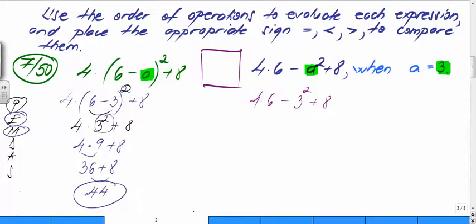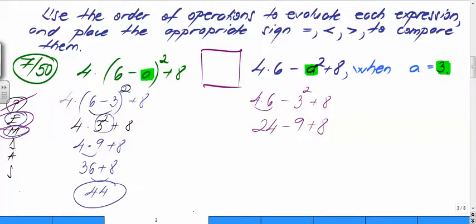Parentheses. We don't have any parentheses. Exponents, yes, we have. That would be 9. Next, multiplication: 4 times 6 is 24. Minus 9 plus 8.